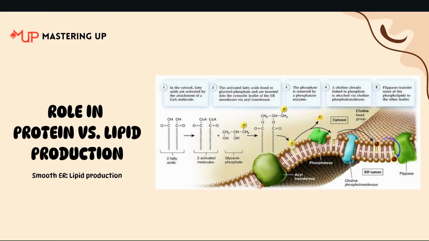A choline already linked to phosphate is attached through choline phosphotransferase, and then the flippases transfer some of the phospholipids to the other leaflet. So these are the basic steps involved in lipid synthesis, and this shows how the smooth endoplasmic reticulum is involved in lipid production.